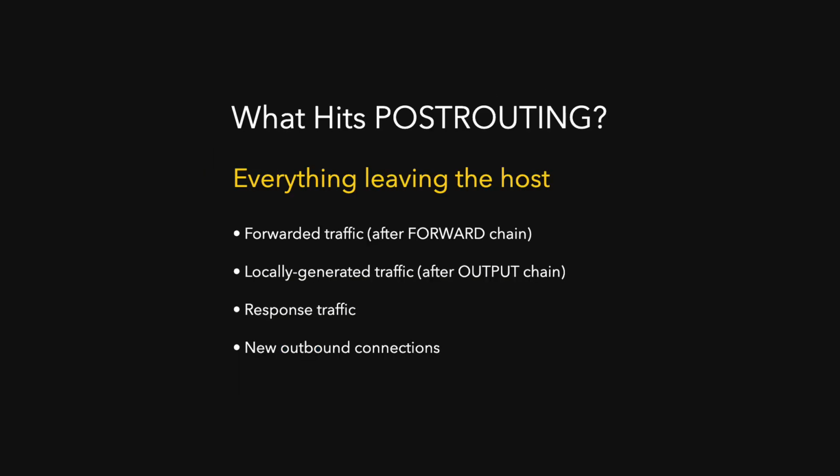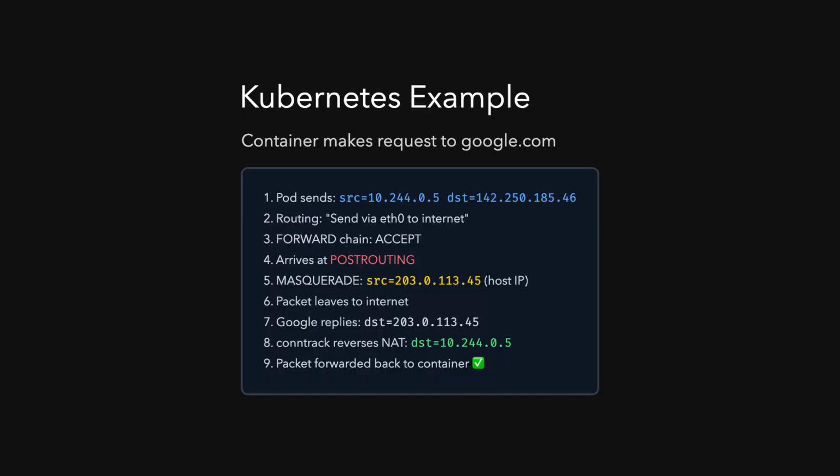And what traffic hits post-routing? Everything leaving the host. For example, forwarded traffic, locally generated traffic, response traffic, and new outbound connections. So let's take an example from Kubernetes. A container makes a request to google.com, so the pod sends a packet with the source of its own IP address and the destination of Google's IP address.